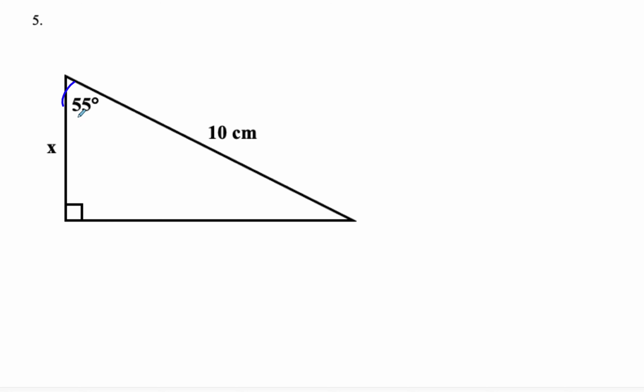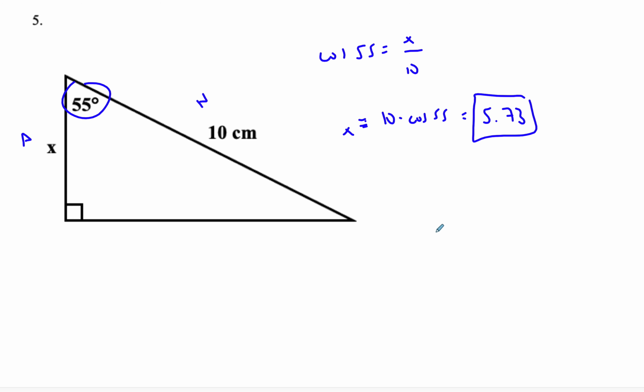Same thing here, except this is the adjacent side and this is the hypotenuse, which means cosine. So the cosine of 55 degrees would be x over 10. We're in luck. Variable on top, so we just multiply 10 times the cosine of 55, which is equal to 5.73. That's it.